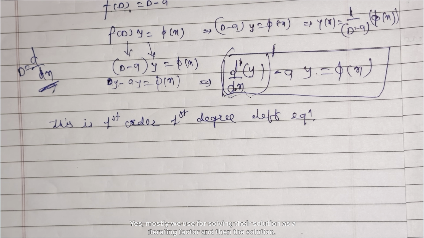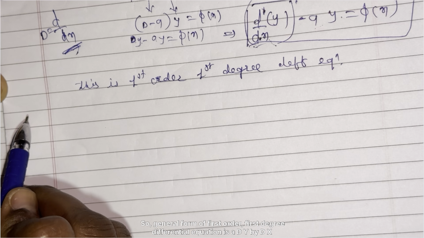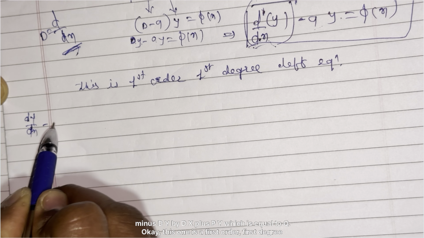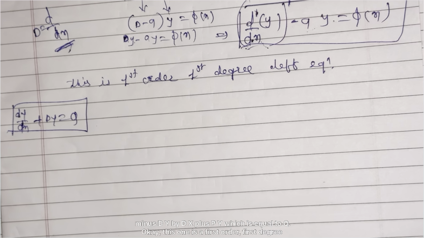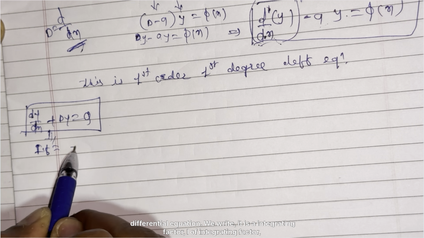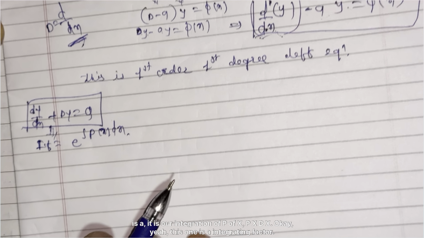Mostly for solving it we use an integrating factor and then the solution. Let me explain the general form. The general form of a first order, first degree differential equation is dy by dx plus Py equals Q. We write its integrating factor, IF, as e to the power integration of P of x dx.